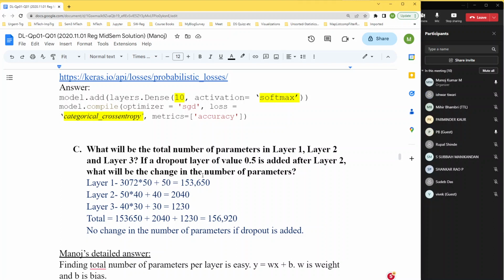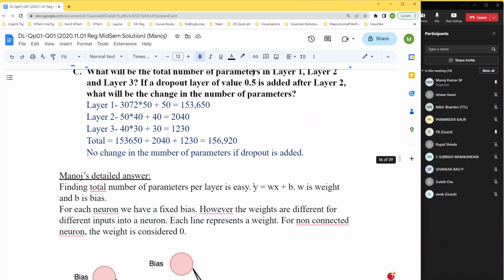Okay, so we'll go to the third part, and this is the interesting one, very simple one. Here they are asking what will be the total number of parameters in layer 1, layer 2 and layer 3. First of all, let's check what the parameters are. When we find a linear function, we have wx plus b, where b is the bias and w is the weight.